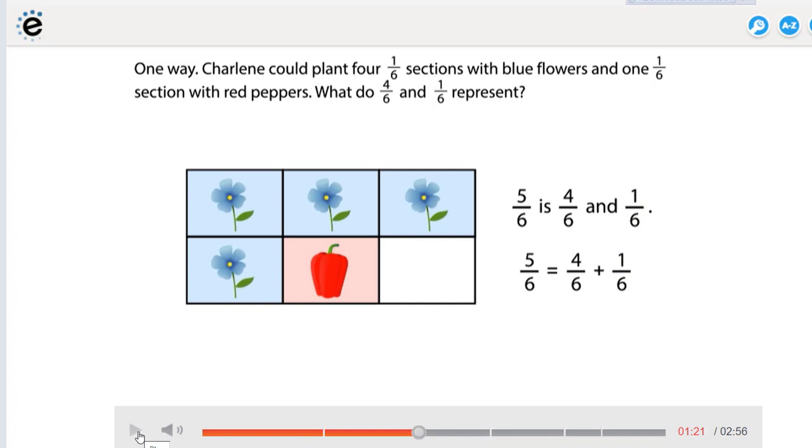Thamir? Yes. Okay, answer. Quickly, Thamir. 4/6. Yes, 4/6 represents... What do 4/6 represent?